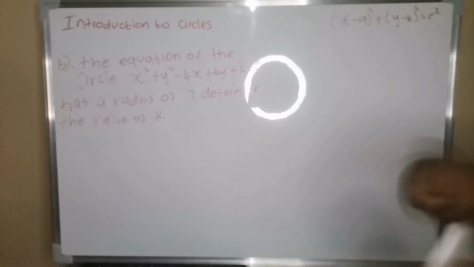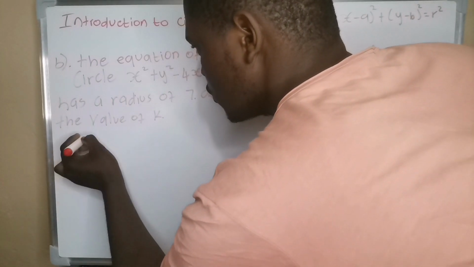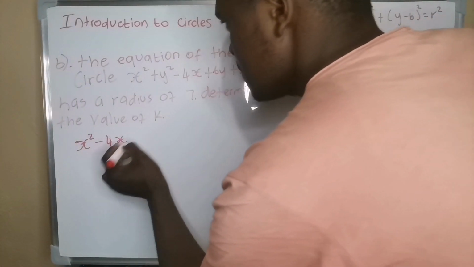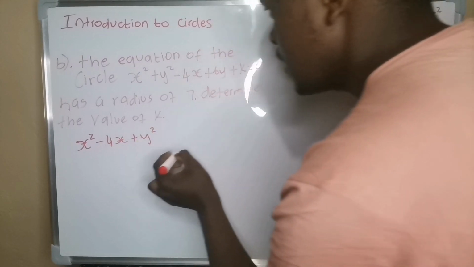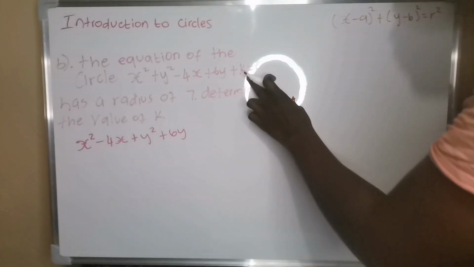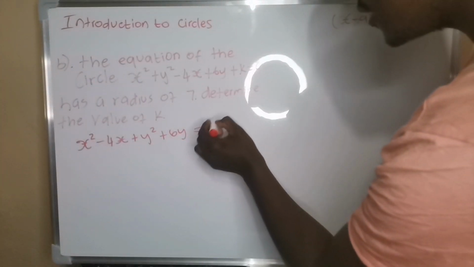Let's do that. We arrange it as x squared minus 4x plus y squared plus 6y, and here k is a constant, so take it to the right side, equal to negative k.